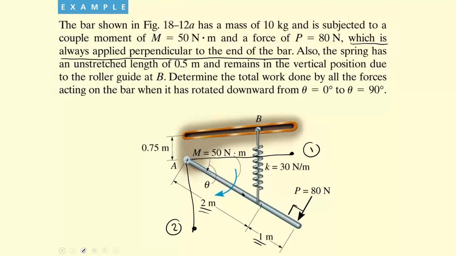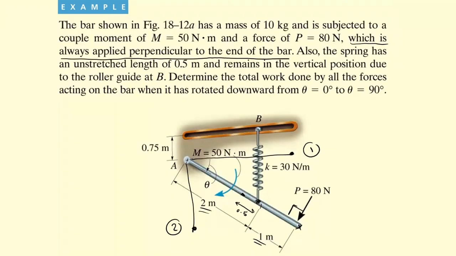Now, what else do we have? The spring force is going to be applied here. So it is 1 meter away from this end, and it's going to be 0.5 away from the center of mass. So the distance here is 0.5 and the distance here is 1. So I have all the distances with me.